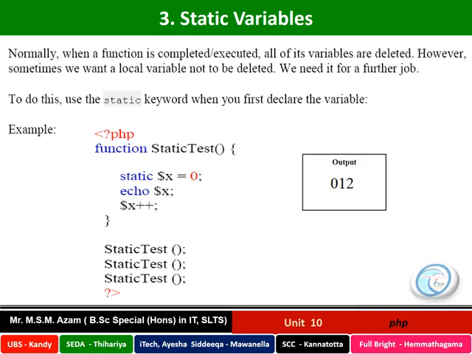Then again echo the x value. That prints 1. Next time x value is incremented by 1 again. That means x value becomes 2. Again echo x. That means it prints the value 2. This will happen 3 times because the function static test has been called 3 times.